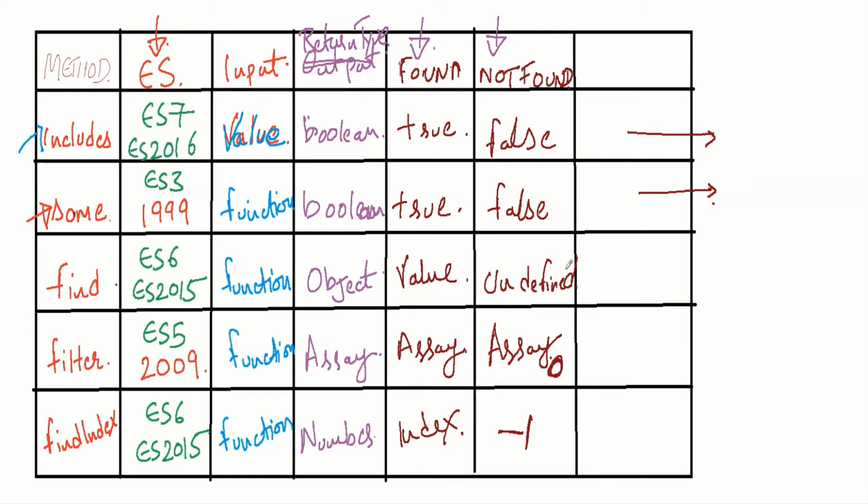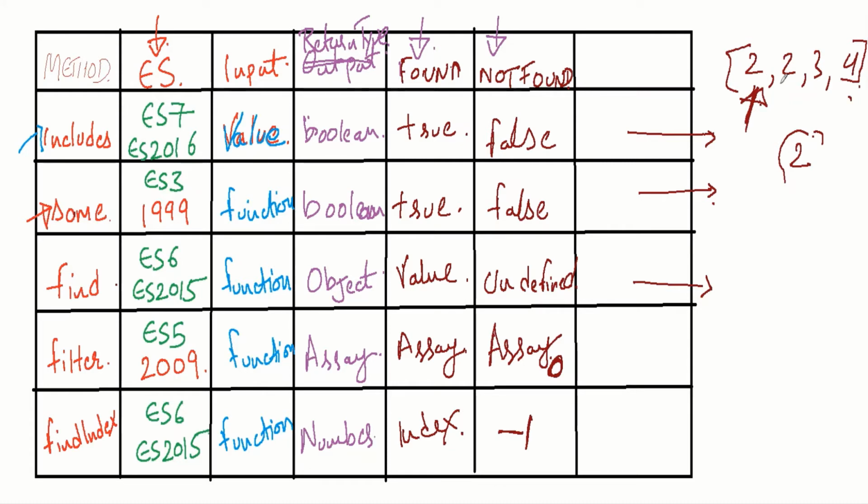Find would return the actual object or value. So let's say if we have an array of 2, 2, 3, 4, this find would return the first item found. So if we are looking for the value of 2, it would return this.